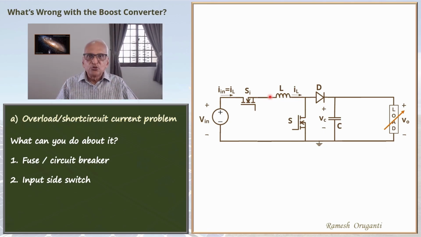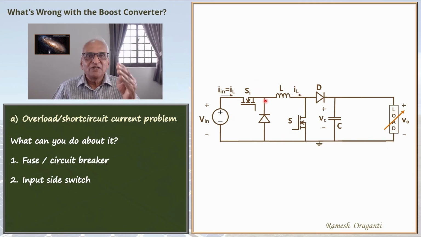So the solution to that may be to use a freewheel diode as shown here. So when the switch Si is switched off under overload or short circuit, the current in the inductor will freewheel via the diode. Through this freewheeling action, the current will die down to zero. Notice that this part of the circuit looks like a buck converter.